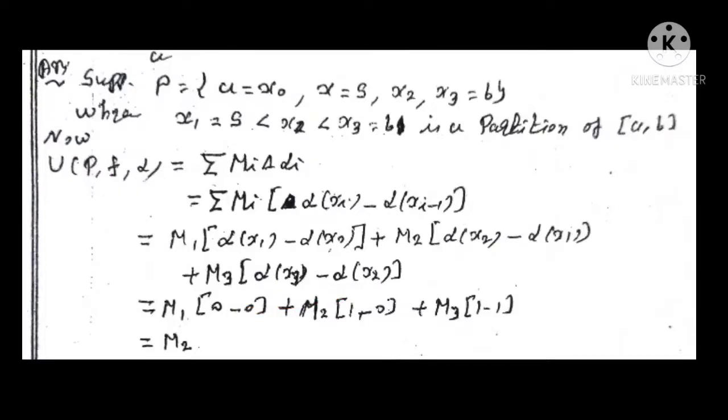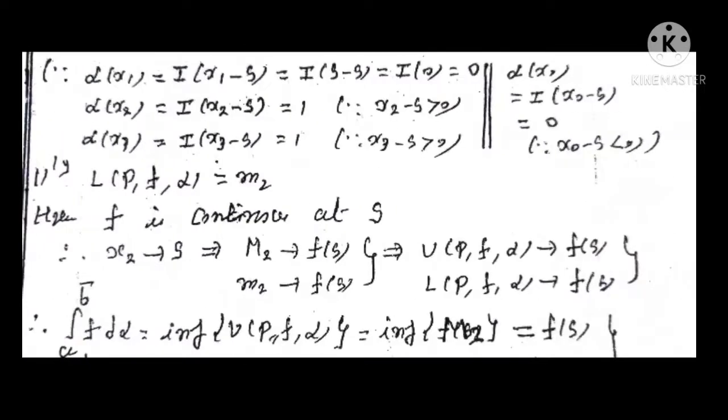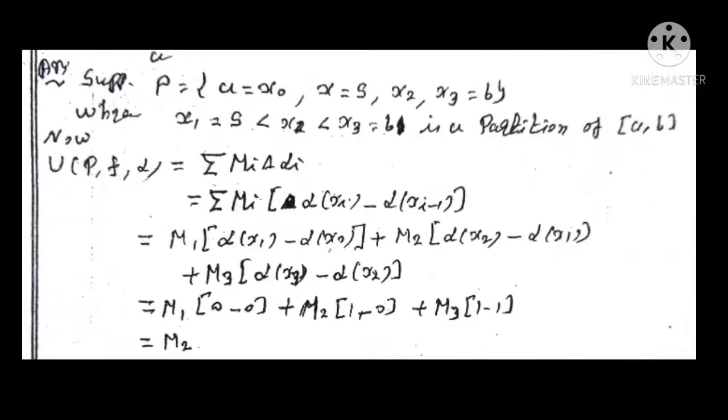Now alpha x1 is equal to I(x1 minus s) and x1 is equal to s. Therefore, I of s minus s is equal to I of 0 is equal to 0.